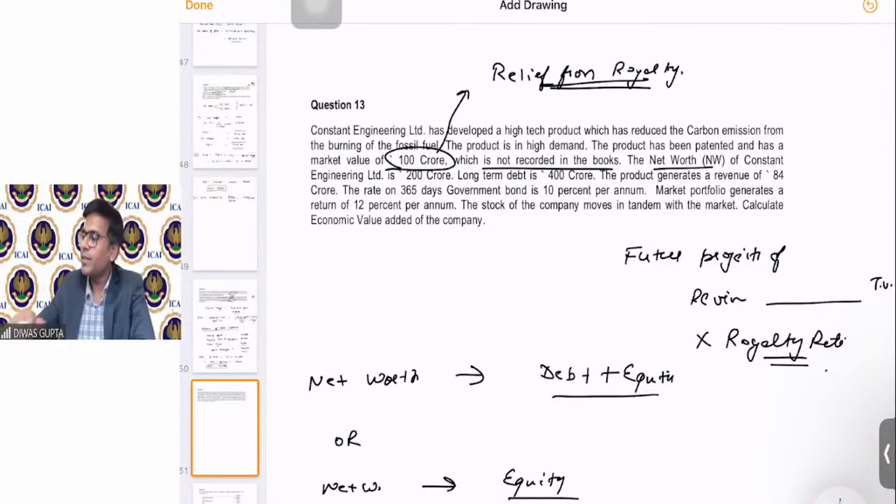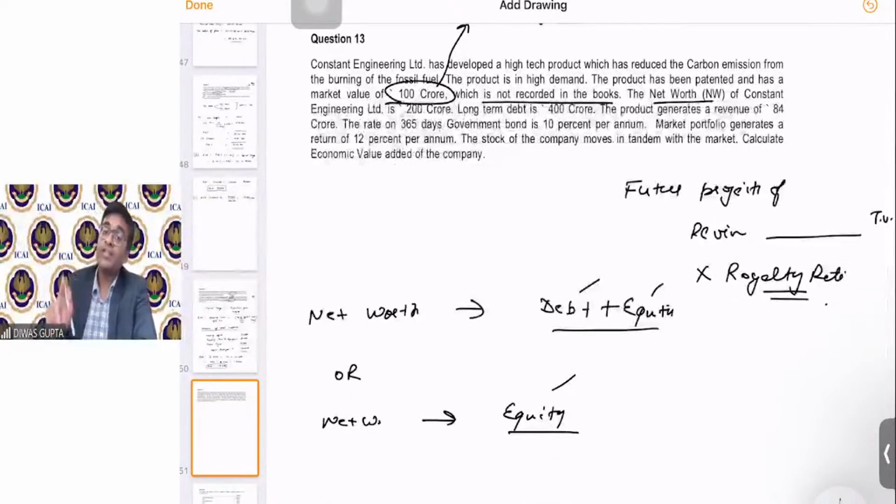What do you mean by net worth? Don't read ahead, otherwise you will get a hint. Till now, tell me whether net worth is debt plus equity or only equity. Yes, very good. Jyoti, Prashant, Shailesh. Perfect. It's only equity. So don't confuse that net worth is equity plus debt.